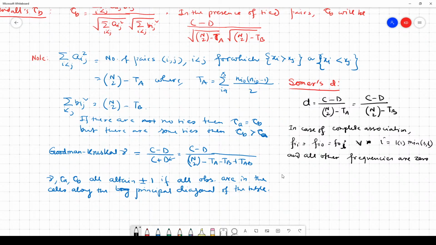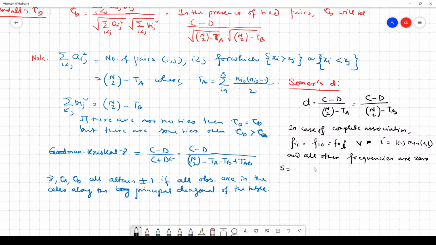Then, in that case, S equal to the sum over i less than j, that is the number of pairs (i, j) where i less than j, that is xi less than xj or yi less than yj. Similarly, xi greater than xj or yi greater than yj.